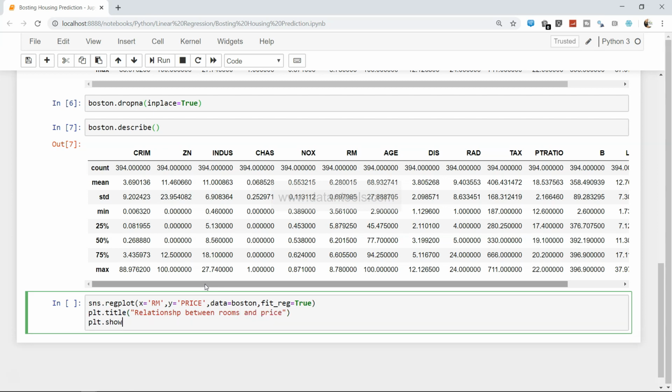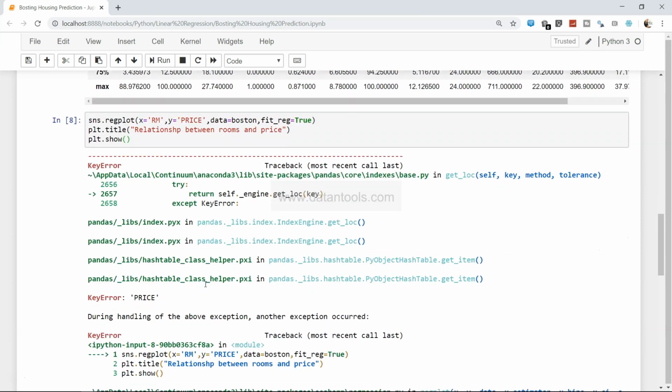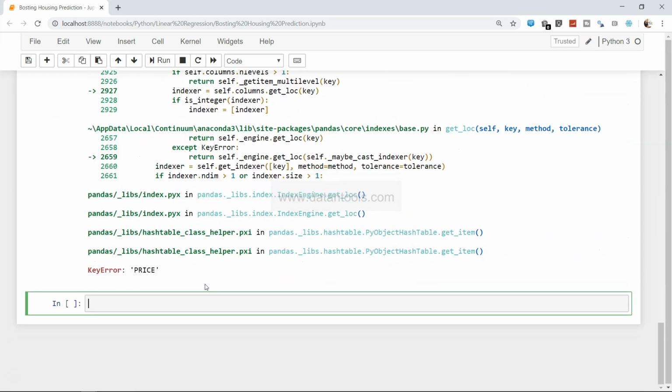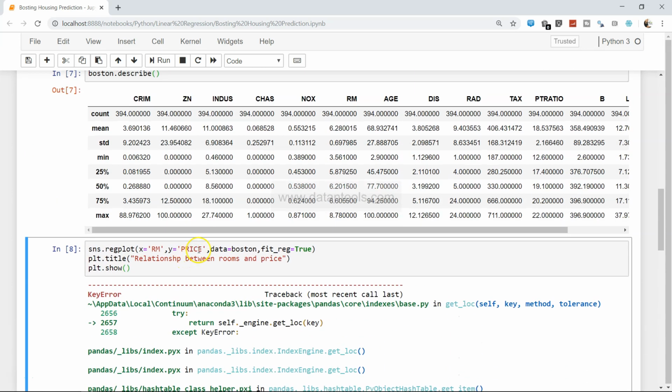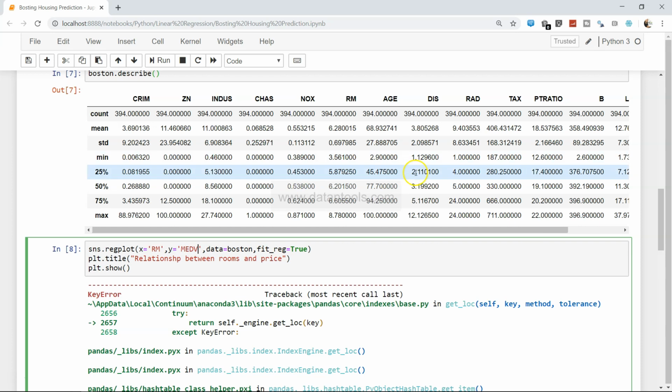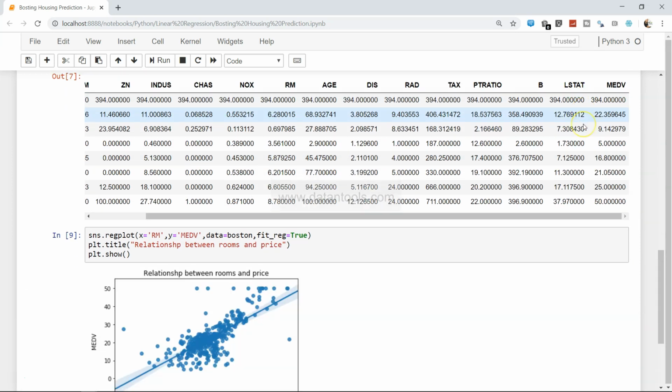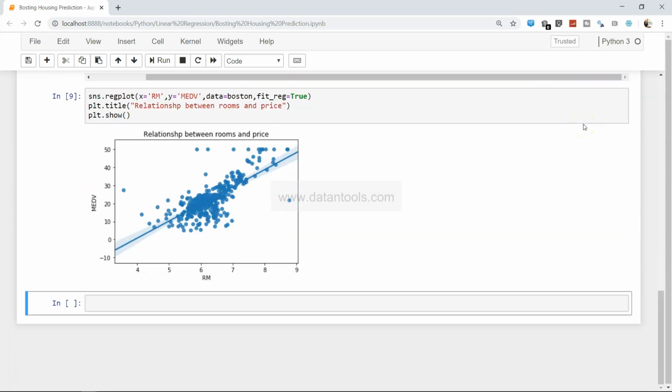And simply say plt.show. All right, so it has given an error with price. We have MEDV. Yeah, if I go back, yep. So that's our plot, and as I had assumed just a few minutes before, it is a positive correlation, and that's what we have seen.